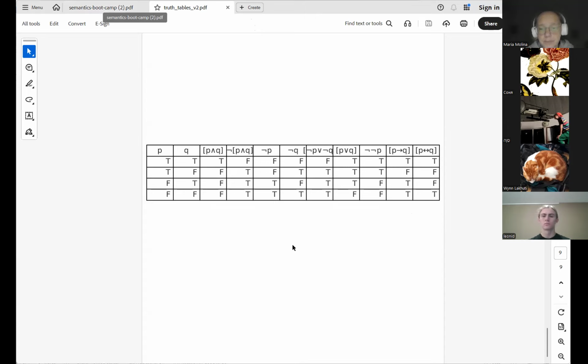We already did this truth table, we did it for a different thing. Let's do it for Q to P. If P is true and Q is true, Q to P gives us what?